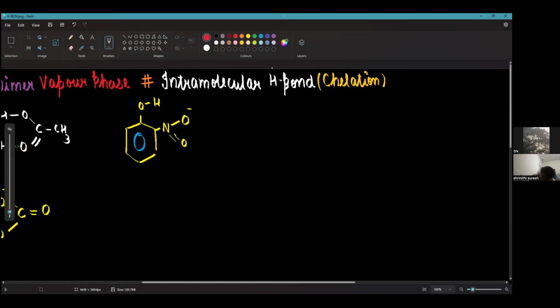See, this hydrogen goes and forms a bond with O minus. So this is called intramolecular hydrogen bonding. What is the name of this compound? This compound is called orthonitrophenol. So orthonitrophenol is going to form intramolecular hydrogen bonding.